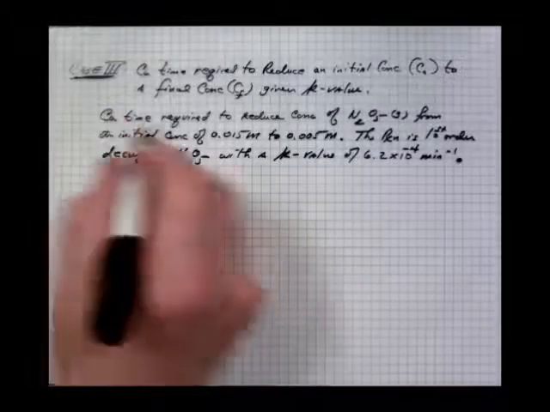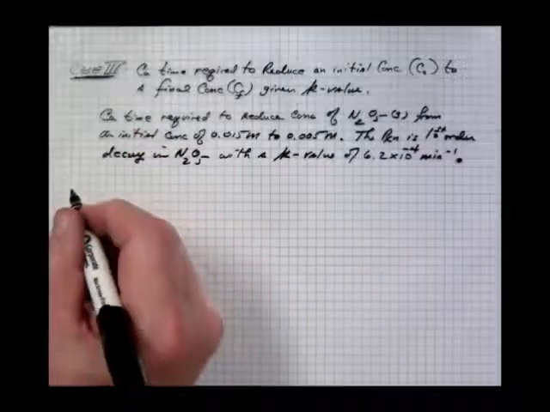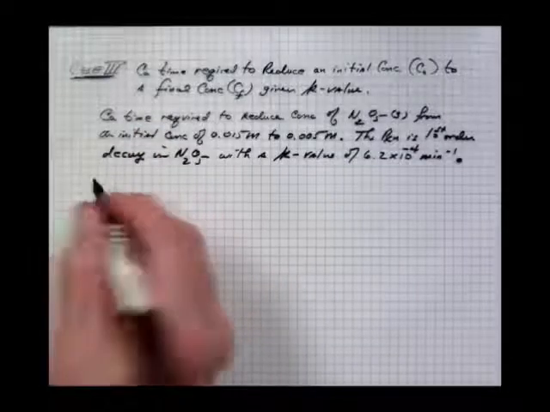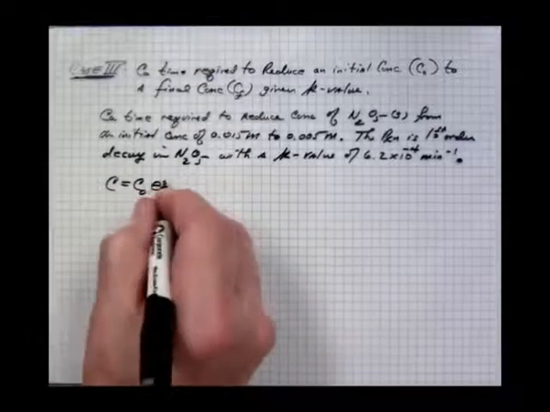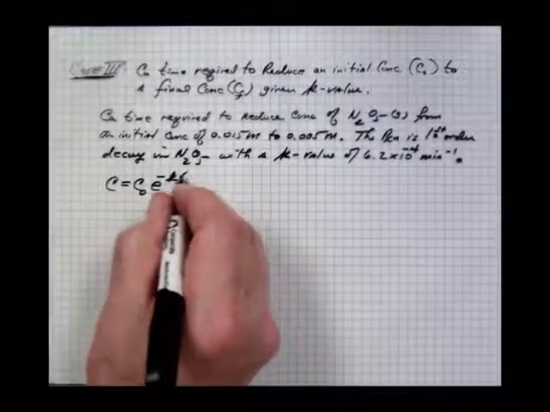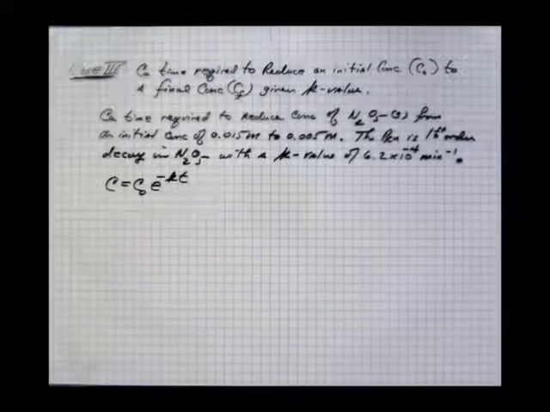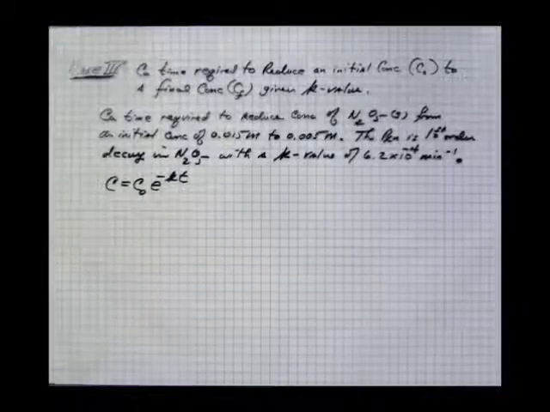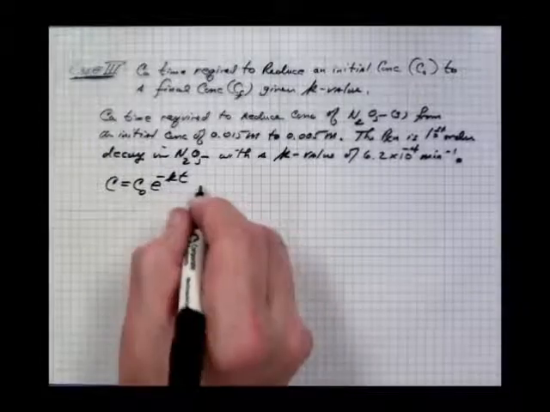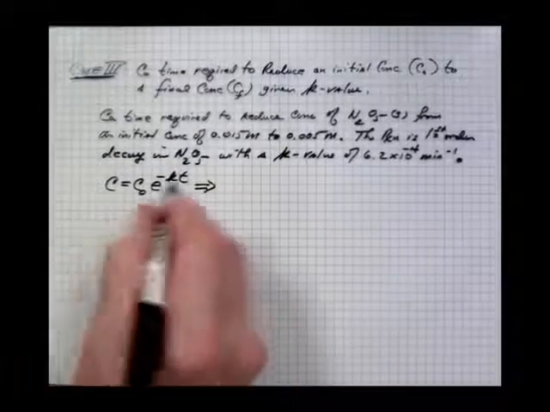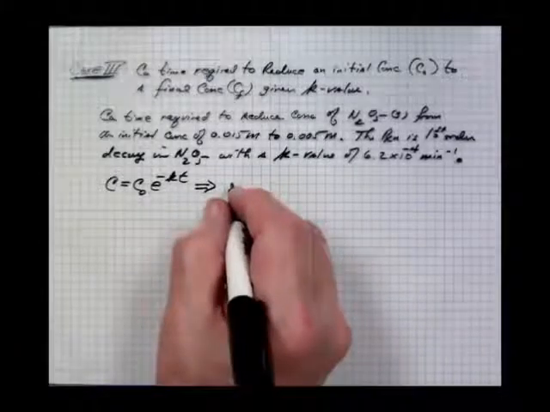Now, in this case, we want to use the decay equation with the objective of obtaining T. You will need to solve for T, so you'll need to convert this back to natural log form.